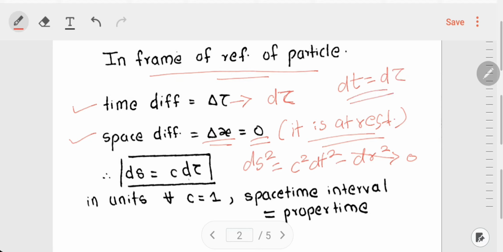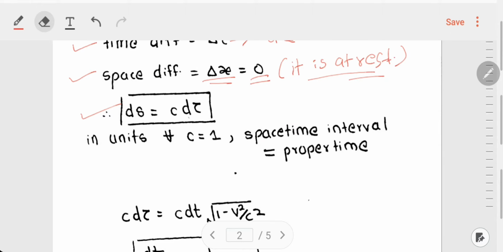Thus we have this relation, that is ds is equal to c d tau. Now if we go to the system of units in which we put c equal to 1, we get a very important relation: the space-time interval is equal to the proper time.